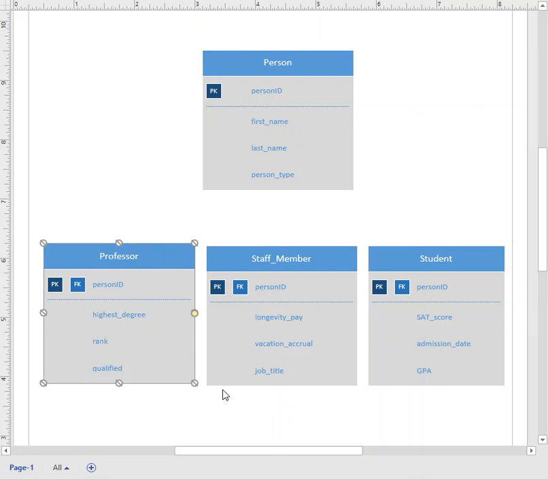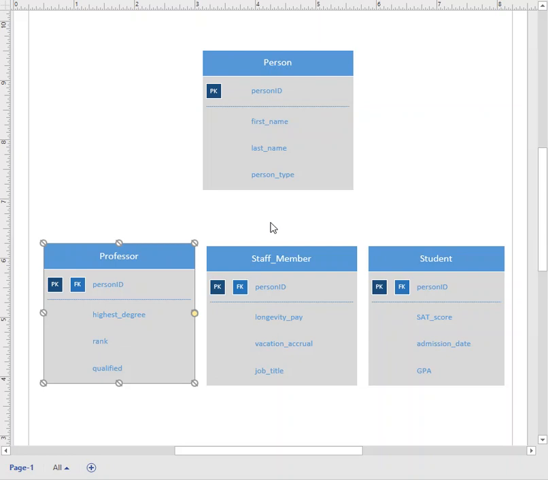It has to do with how we appoint people and whether we allow dual appointments like that. So again, that would depend completely on how the university runs its business, and a lot of this stuff would come out through your systems analysis and design phases. So this is actually a diagram of a supertype and a subtype that would allow for overlapping categories.